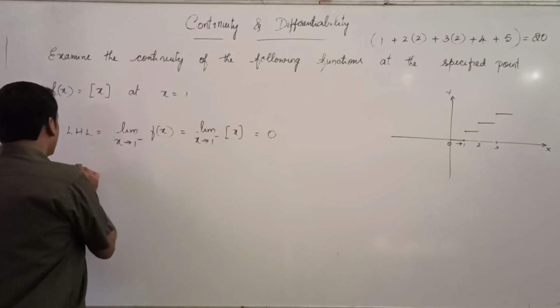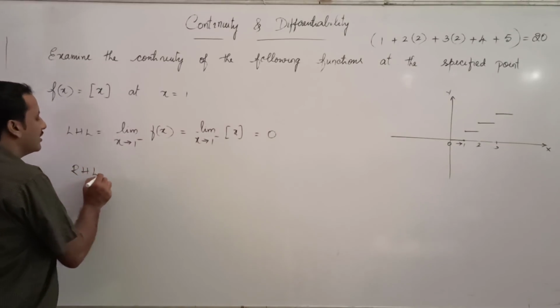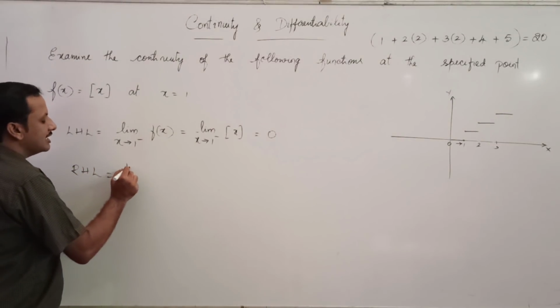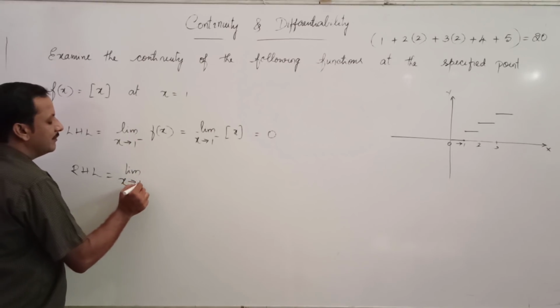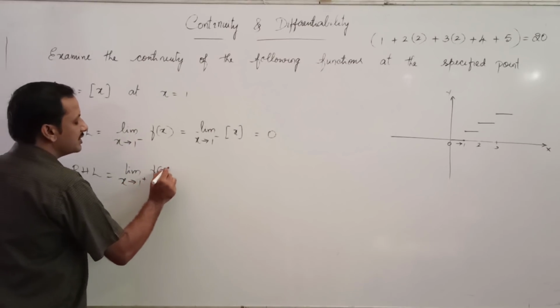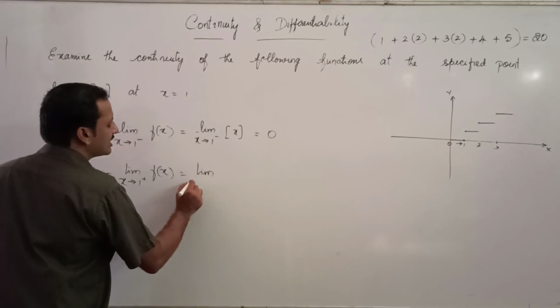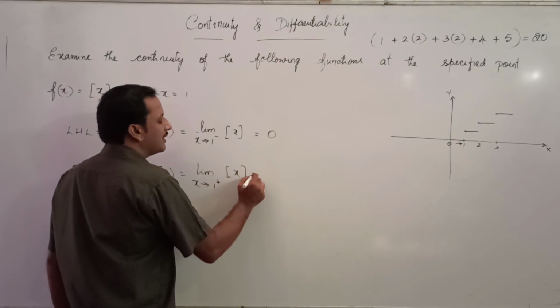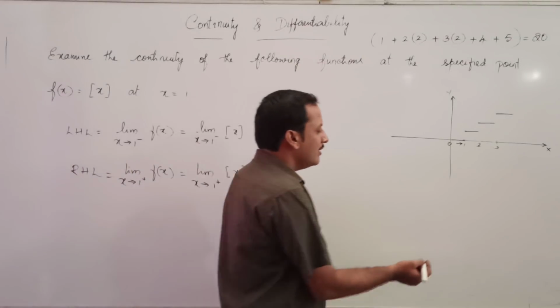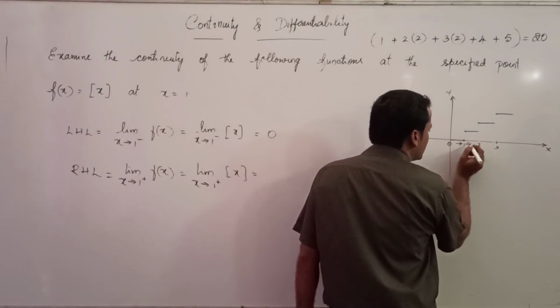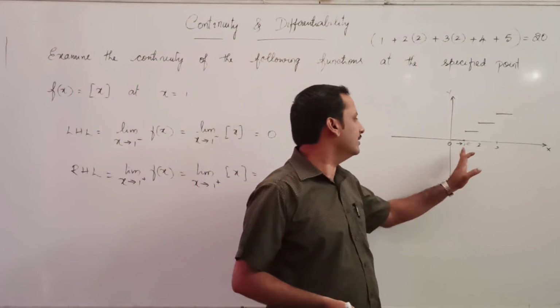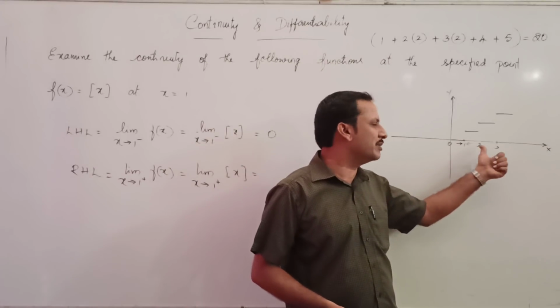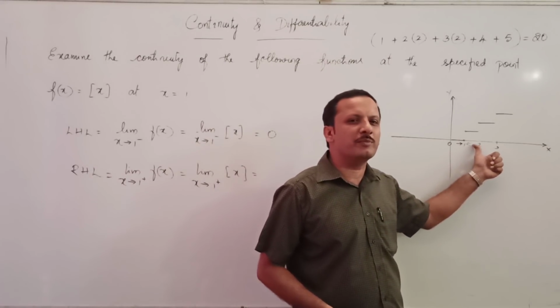Then the right hand limit, that is equal to limit x tends to 1 plus f of x, which is equal to limit x tends to 1 plus step x. Observe here, when I say x is approaching 1 from the right side, x tends to 1 plus, it means that x is approaching 1 from the right side.